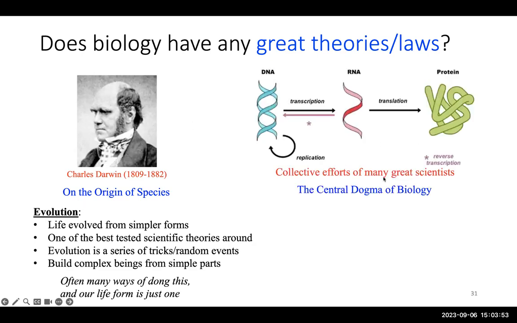Another law we're talking about is the central dogma of molecular and cell biology. That basically says the information transfer goes from the gene to the RNA and then to the protein. This also includes the duplication of the gene. I mentioned those black arrows in the last lecture.